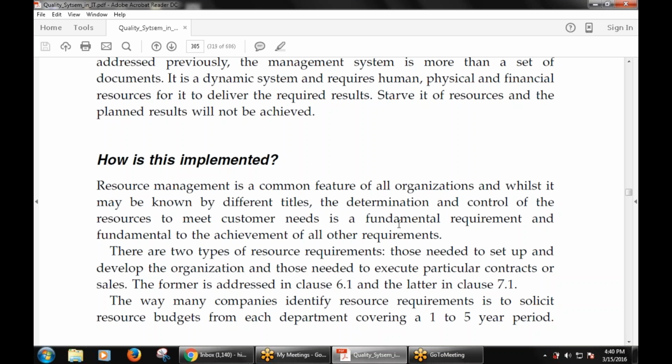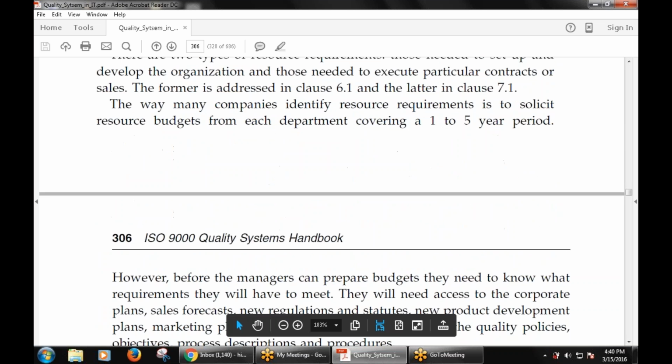So whenever we use resource management, which is a common feature of all organizations, it is required for the determination and control of the various resources to meet the customer. So what is the main target of the resource? That is to meet the customer needs, or the fundamental requirements, and it is fundamental to the achievement of other requirements.